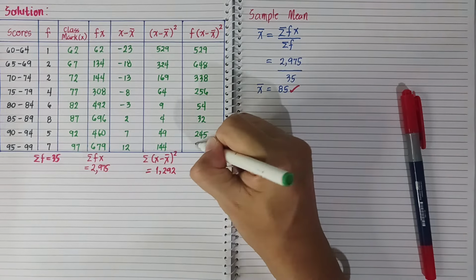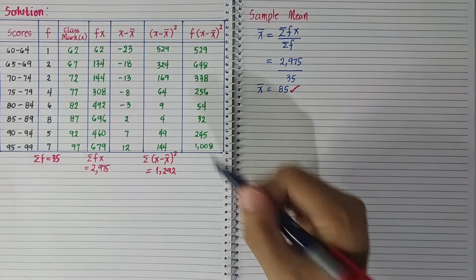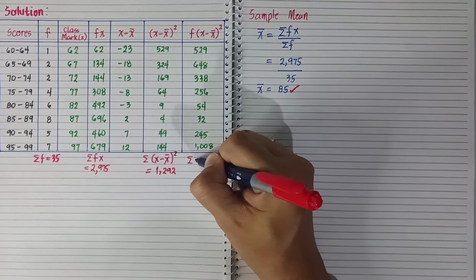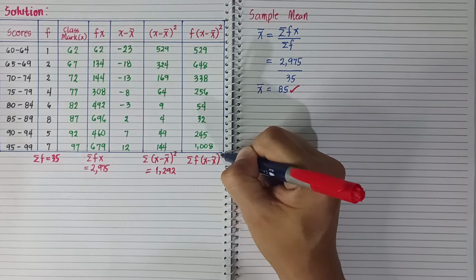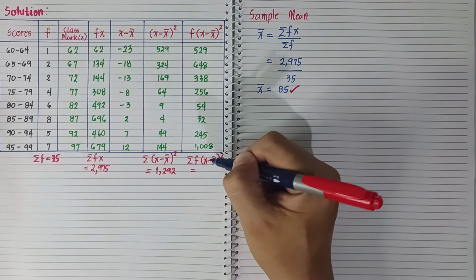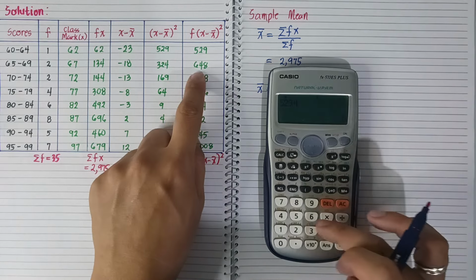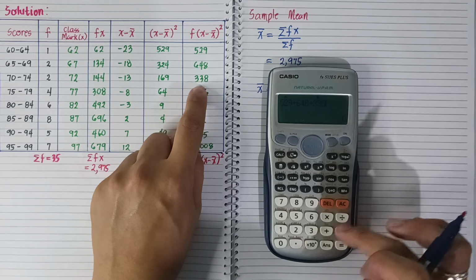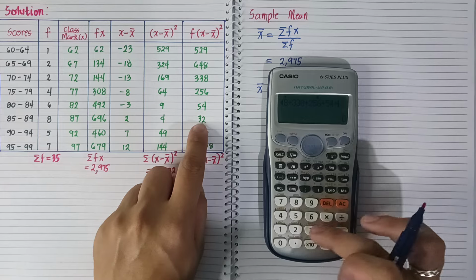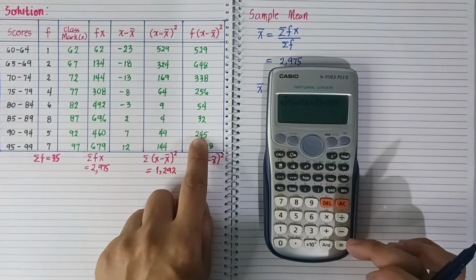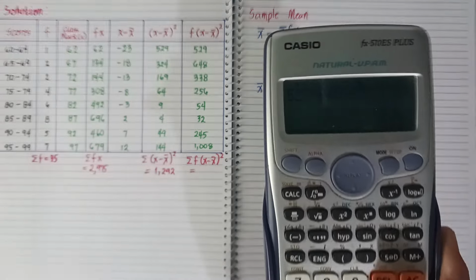So dito guys, get the summation of the last column, summation of f times the quantity of x minus x bar squared. Gamit tayo ng calculator, 529 plus 648 plus 338 plus 256 plus 54 plus 32 plus 245 plus 1,008, with a total of 3,110.